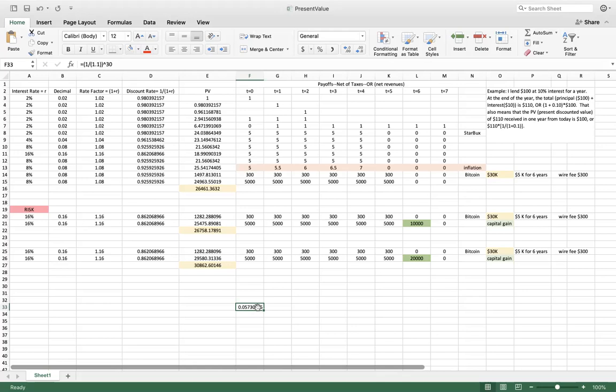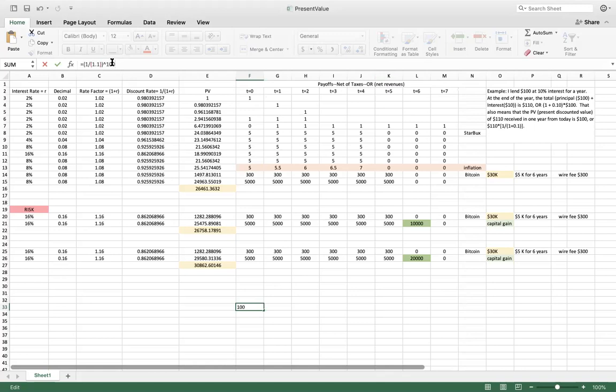And so what that tells me is that I don't need to carry my analysis out to infinity. Depending upon the interest rate, cash flows received in the distant future, let's say beyond 30 years, are worth practically nothing. We could take it even more extreme.